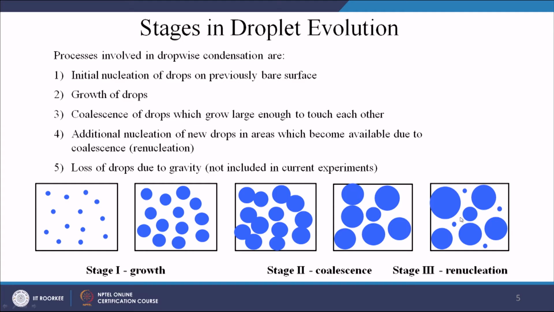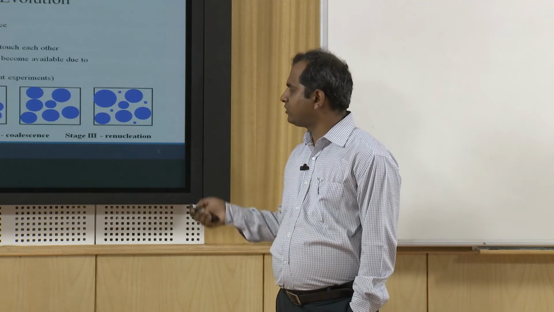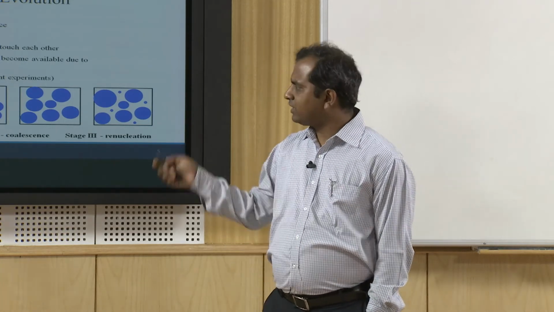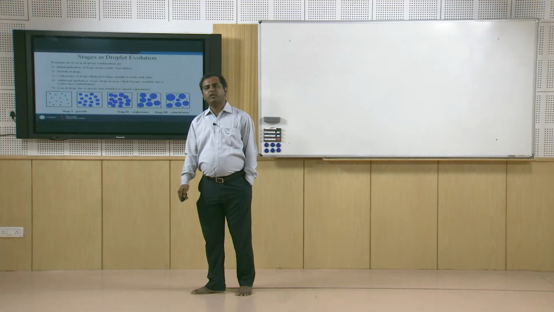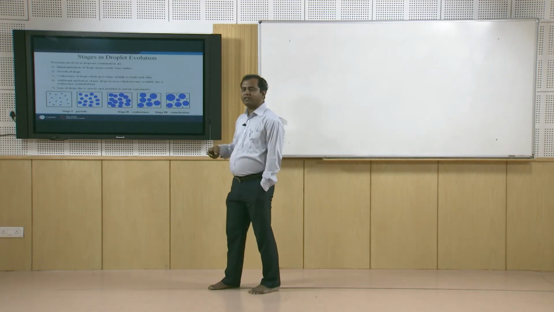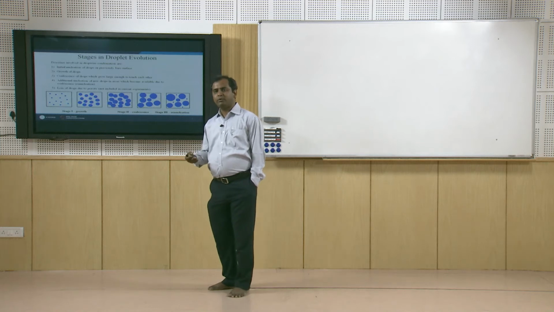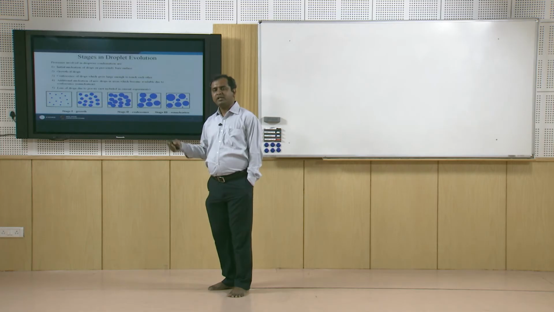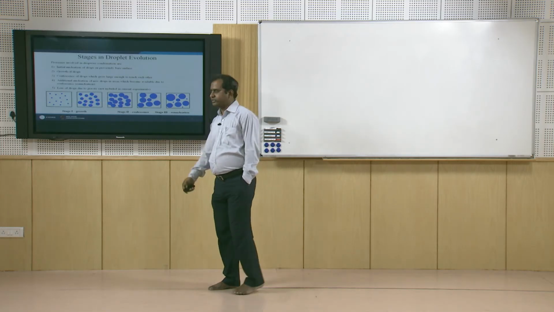So loss of drops due to gravity is also very important. Apart from that, simultaneously smaller nucleations are still continuing over the surface. Those are the different stages of droplet evolution, and if you continue further, then once upon a time all those droplets form a film over the surface and it turns into film-wise condensation.